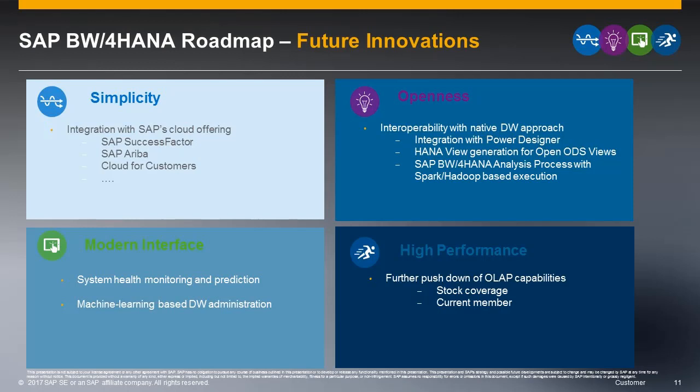From a UI perspective, again, health monitoring and prediction. So using some of the predictive analytic capabilities to determine when your BW for HANA system needs to be worked on, or when tables are getting too large, or when partitions are getting too large.